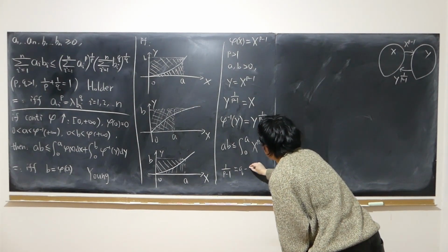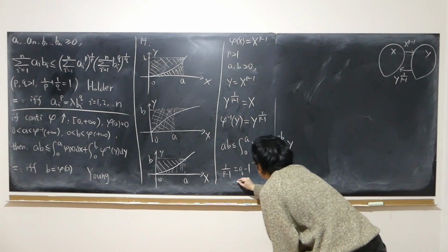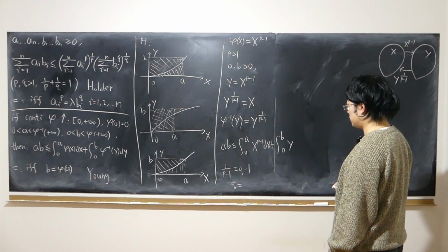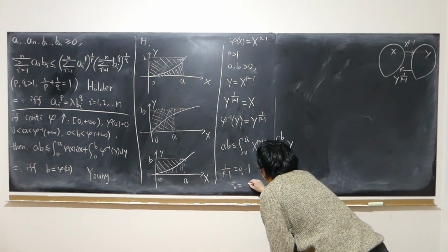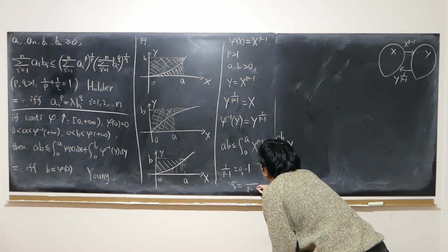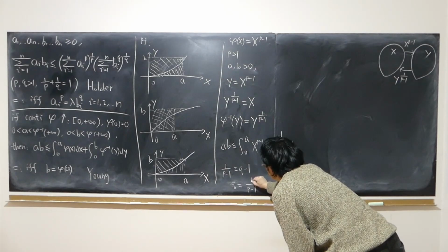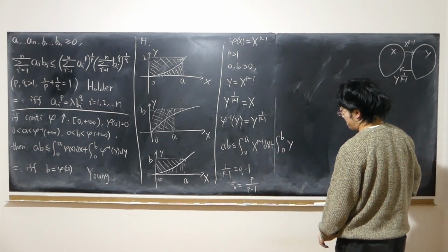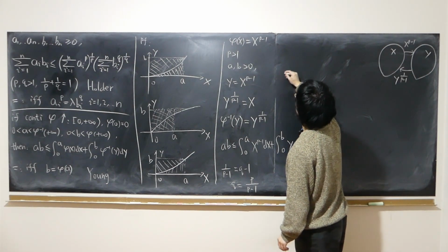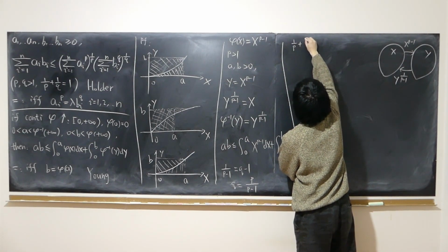So let's solve for q. In other words, q is equal to 1 over p minus 1, plus 1, which is p over p minus 1. Let's calculate 1 over p plus 1 over q.